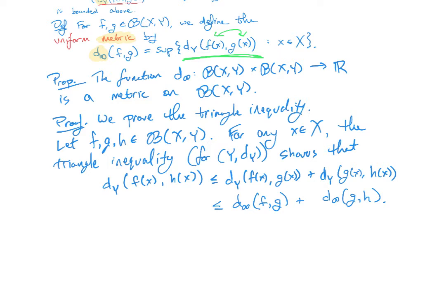So, the sum of the uniform metric comparing F and G plus the one comparing G and H is always an upper bound on the things in the set that define the uniform metric of F and H. So let me try and write this.